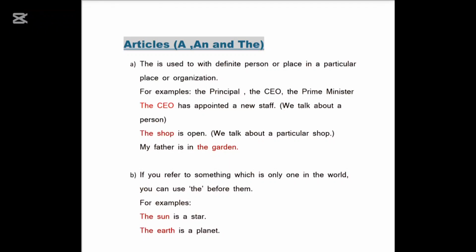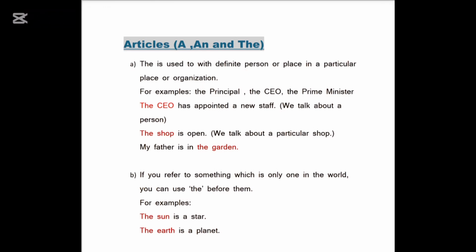So today I'm going to teach you articles, uses of a and the. Basically, what we call a or an is regarded as the indefinite article, whereas the is a definite article.